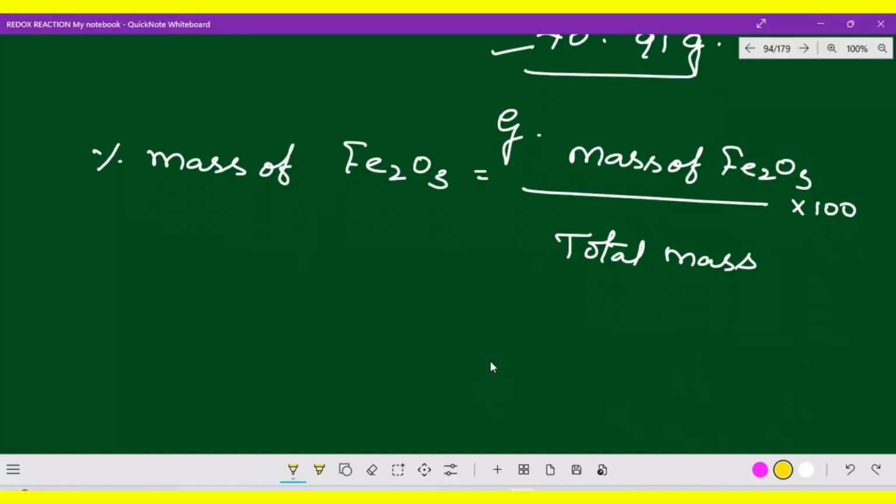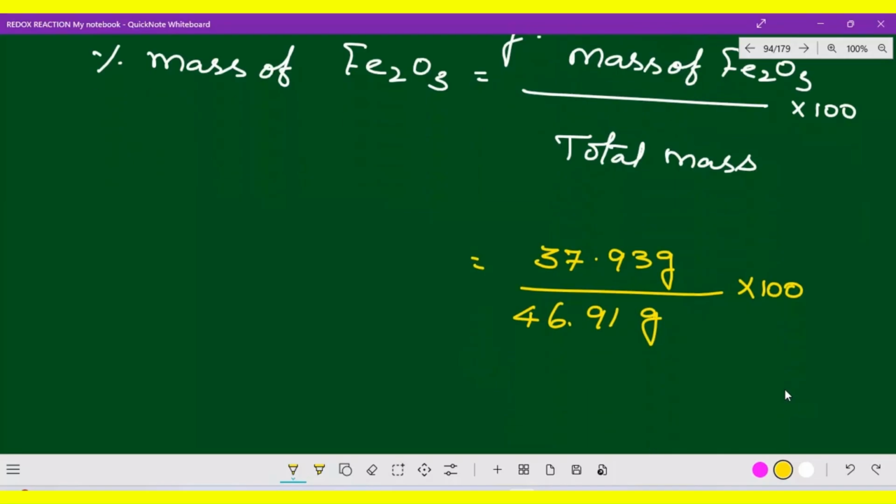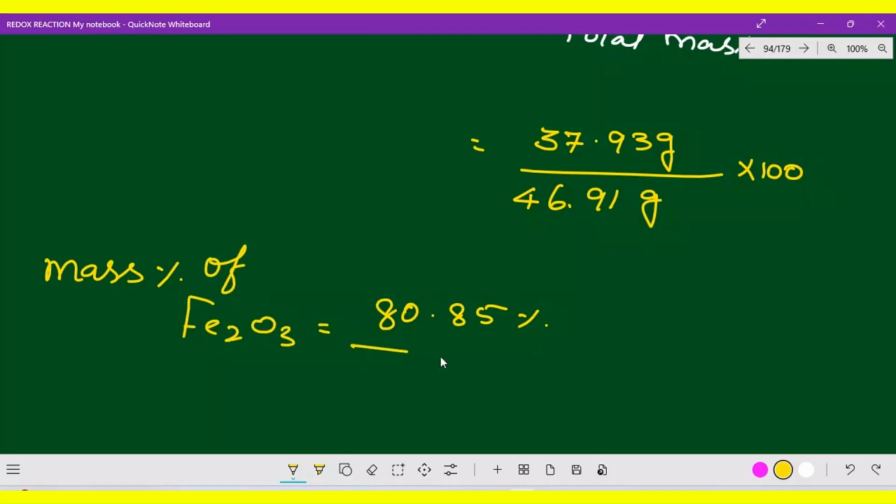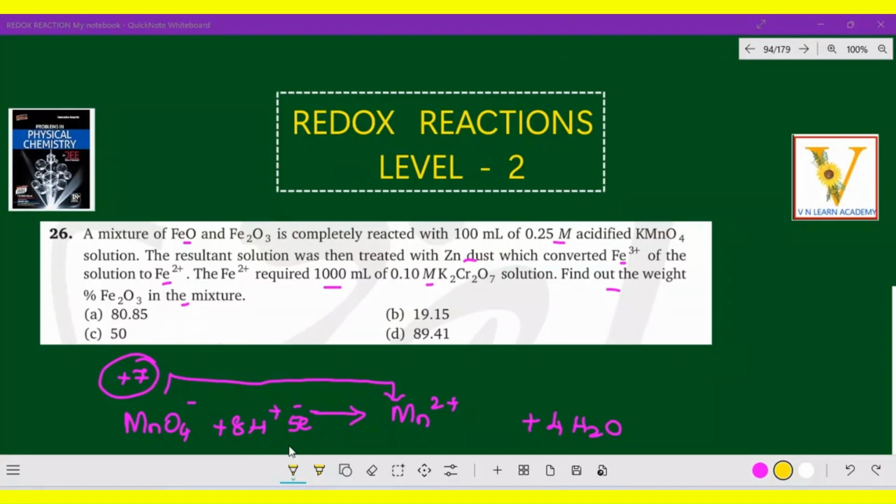So when you calculate, 37.93 gram divided by the total mass 46.91 gram, into 100. Right, now what is the answer you'll be getting? Around 80.85%. Actually, the mass percentage of Fe2O3 is 80.85%. It is a very long sum, but I hope you understand. The answer is option A, 80.85. Option A is the correct option.